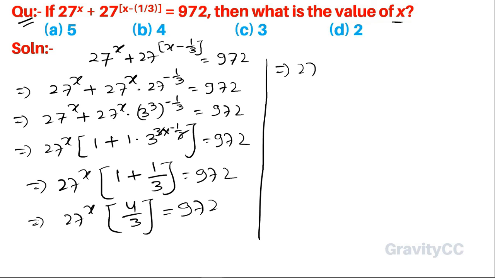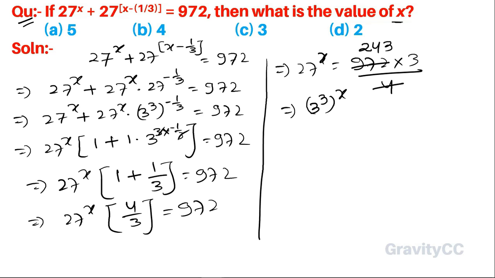So implies that 27 to the power x is equal to 972 into 3 upon 4. So cancel by 4. 4 2 is 8, 4 4 is 16 and 4 3 is 12. So implies that 27 is 3 to the power 3, so 3 to the power 3x is equal to 243, which is 3 to the power 5.